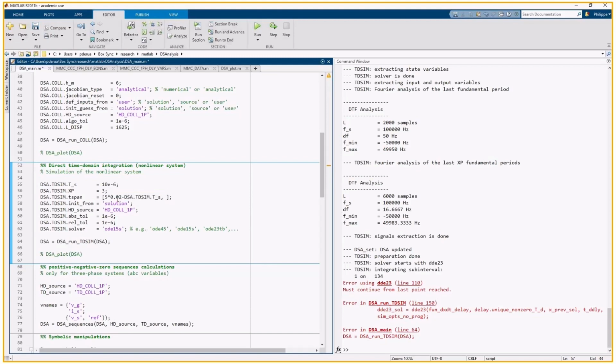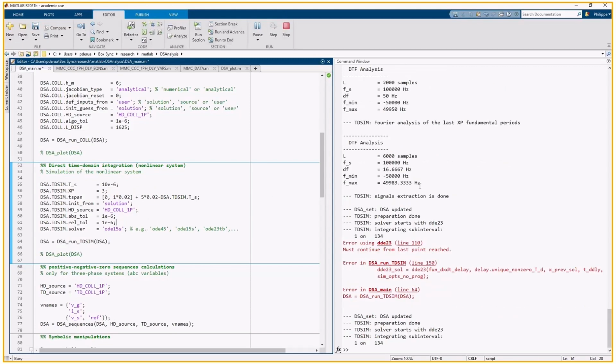And now I would like to have one more fundamental period. Well, I can do it like that, 1 time 0.02. Alternatively, and even more simply, I could do this like that. And then I start again the calculation.